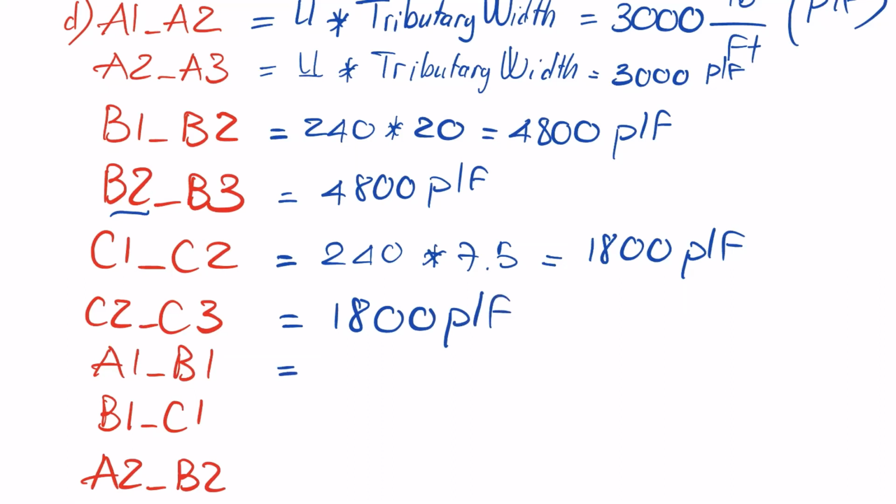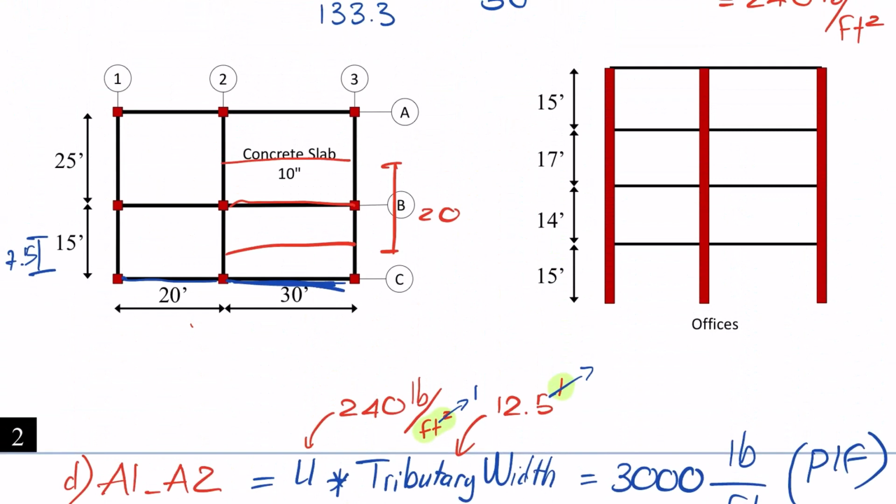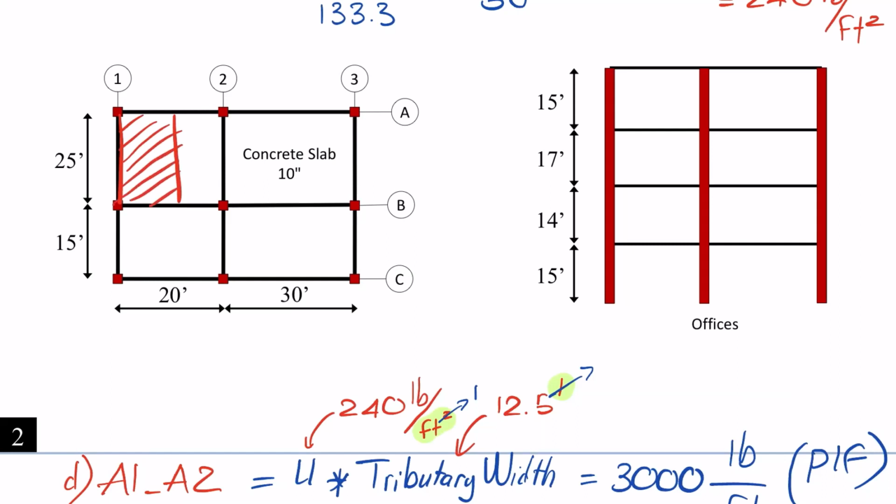And then we have A1, B1 over here. So A1, B1 will be this, and a half of this slab will have load to A1, B1. Tributary width of this one will be 20 divided by 2, which is 10 feet.